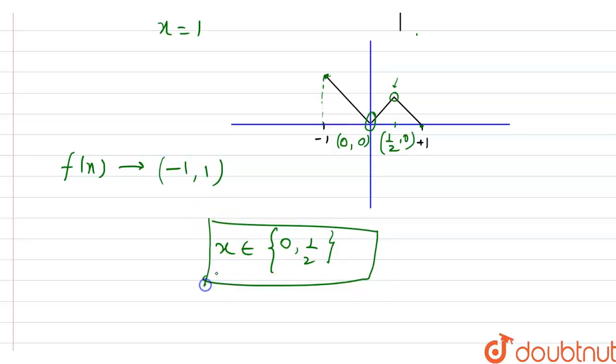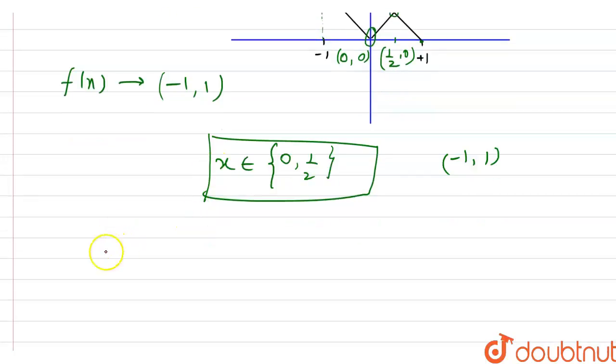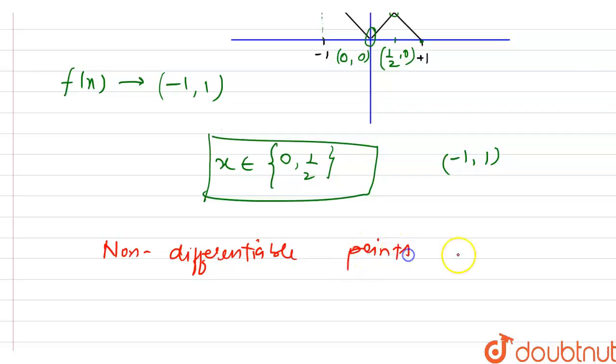On those points it is non-differentiable in the interval -1 to 1. Hope you understood this point. So the number of non-differentiable points are 2. So I'm writing here, non-differentiable points are 2 only. Okay, thank you.